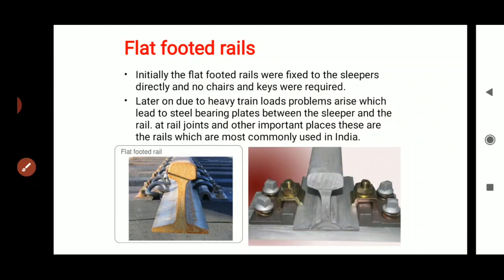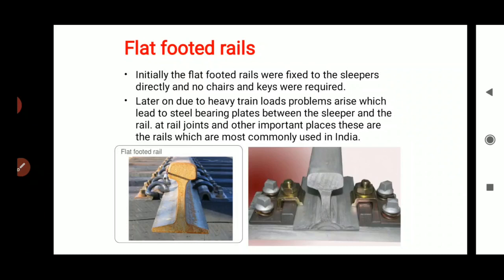It was originally thought that the flat footed rails could be fixed or joined to the sleepers directly, and in this way we could eliminate the need for chairs and keys which are generally required for the bull headed rails.